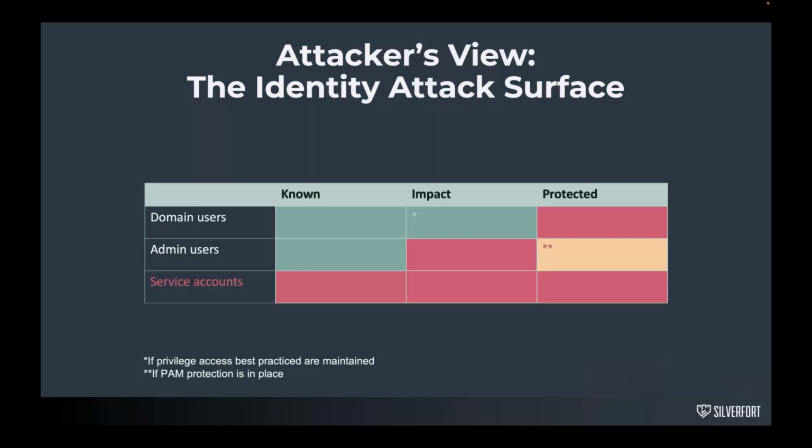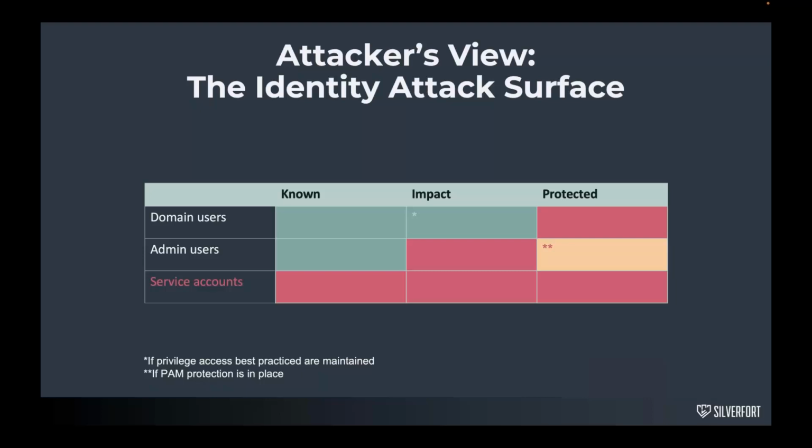I know, and Nick and many of you in the audience know, that it can go much more granular than that. I've just written here admin users, and there are many types of these, and service accounts, many types of these. But just to keep things simple, let's schematically divide the user accounts into standard domain users, admin users, and service accounts.